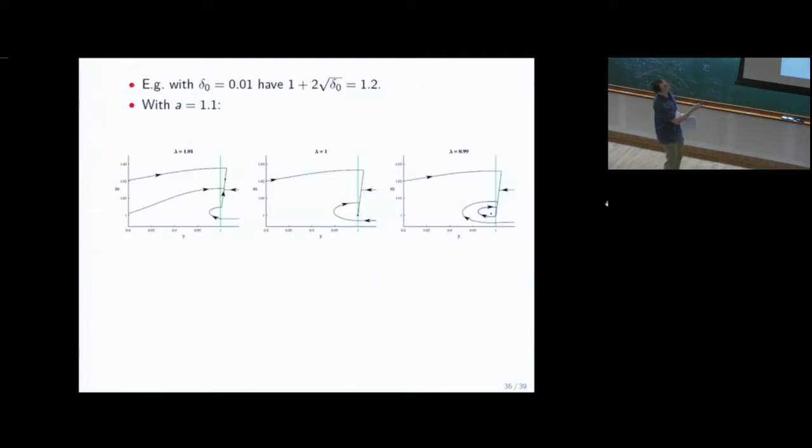Okay, so let me show you phase portraits. Here I've chosen a value of A in that range. I've chosen delta naught to be 0.01, so my range is 1 to 1.2, and I choose 1.1 in the middle.